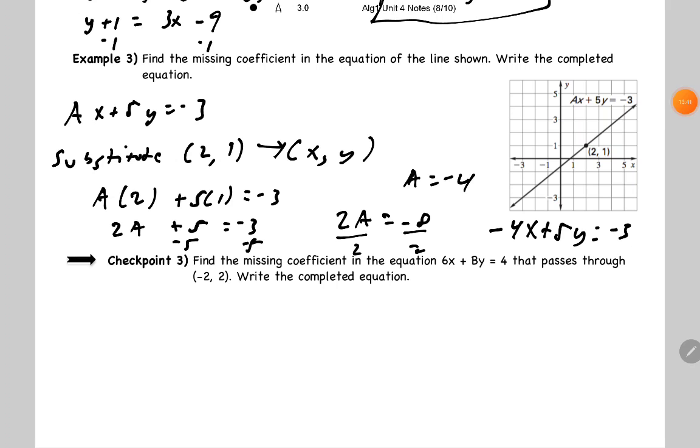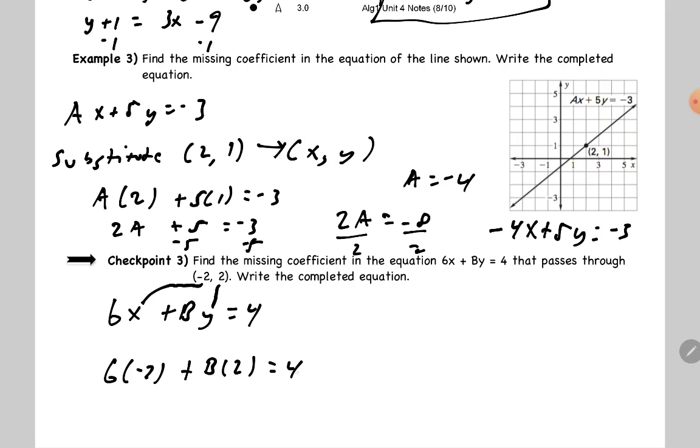Okay, checkpoint 3. Find the missing coefficient in the equation 6x plus by equals 4. So we're going to substitute negative 2 in for x and positive 2 for y. So 6 times negative 2 plus b times 2 equals 4.